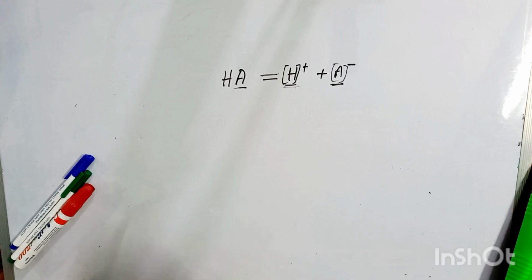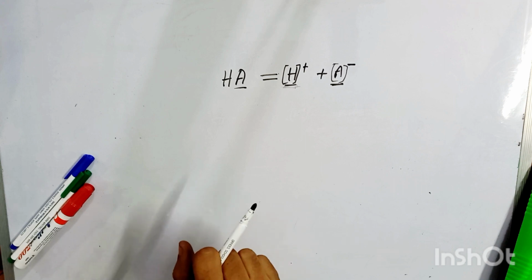So buffers counteract when there is a pH change, when there is a sudden metabolic acidosis or sudden metabolic alkalosis, or a sudden respiratory acidosis.